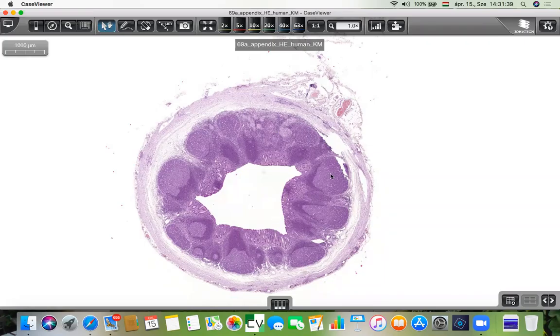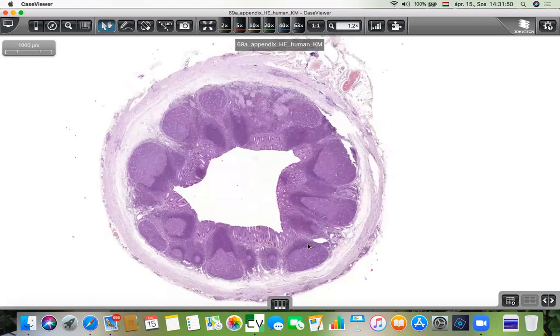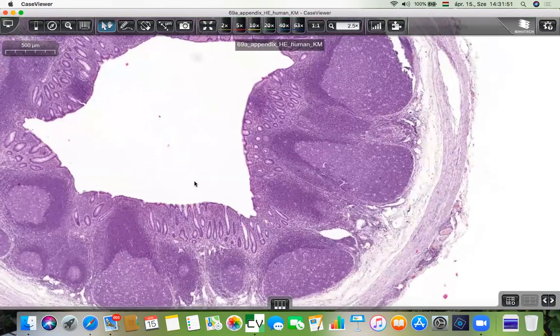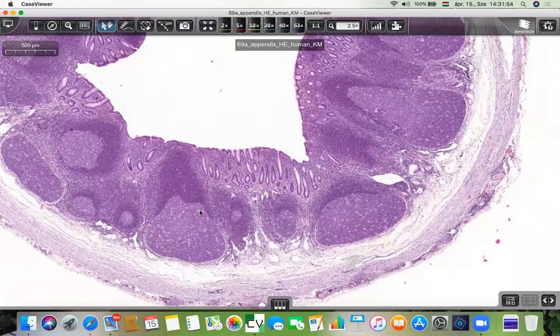And in the lamina propria, we can find huge lymph follicles. We haven't covered the tonsils and the lymphatic system yet, but these are the lymph follicles, obviously filled by numerous lymphocytes.